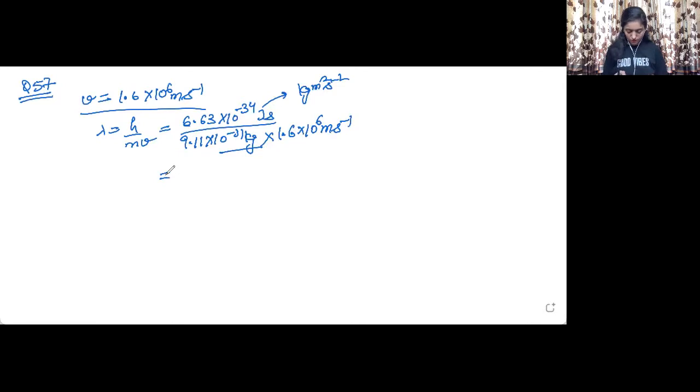So it is equal to 6.63 divided by 9.11 divided by 1.6.